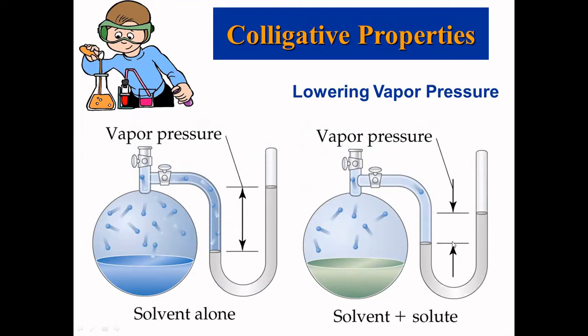There will be a decrease in the vapor pressure, the pressure above this solution of solute and solvent. From here, we can see that when the solute amount increases, the vapor pressure above the solution decreases. As such, it's the lowering of the vapor pressure.